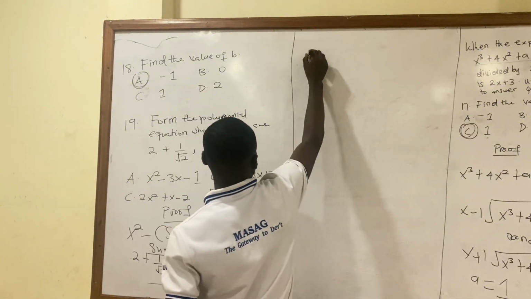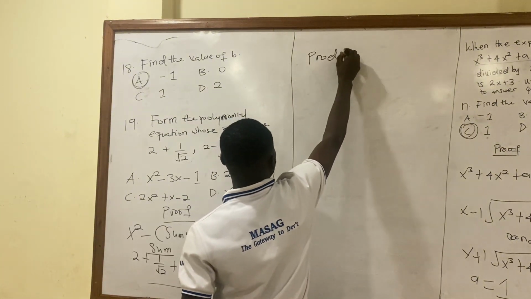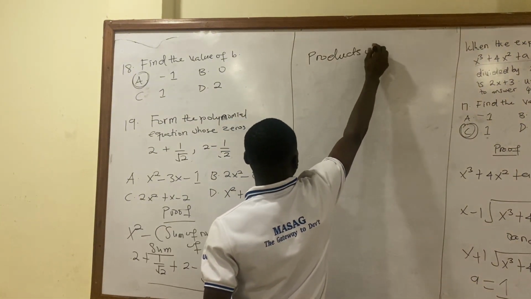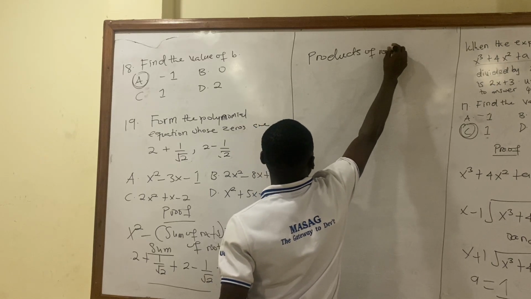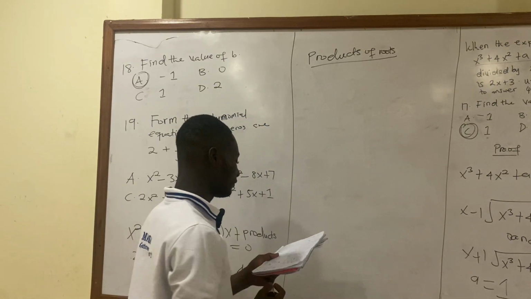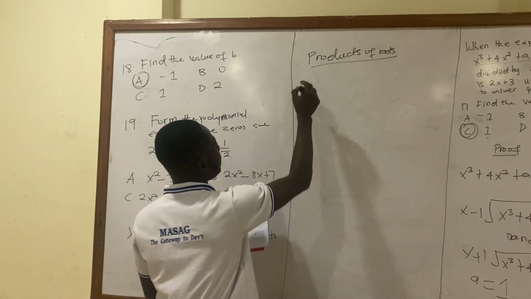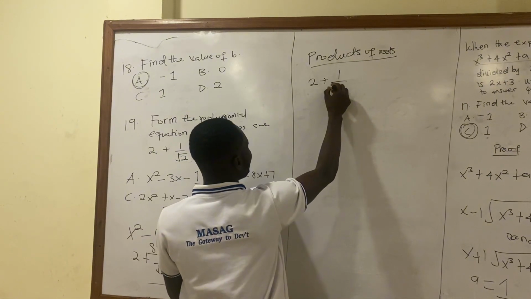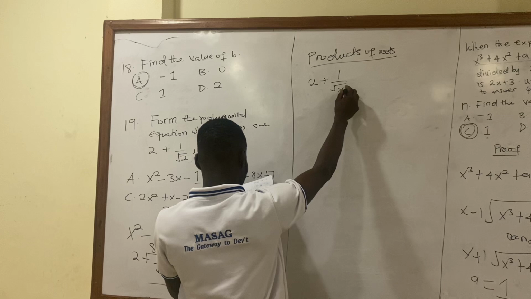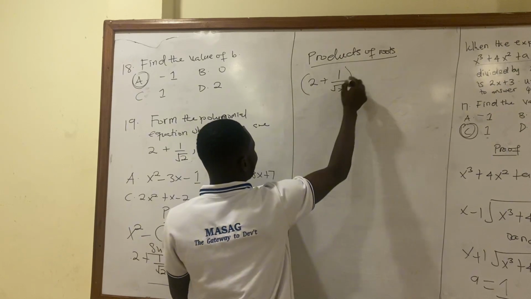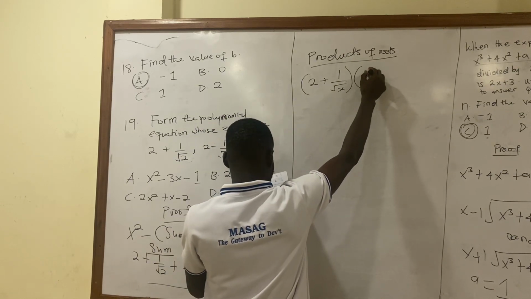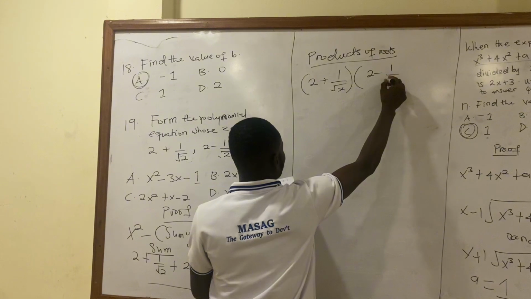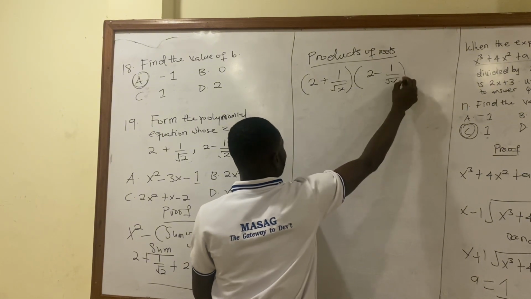So the product of roots as well is 2 plus 1 over root 2, and then 2 minus 1 over root 2.